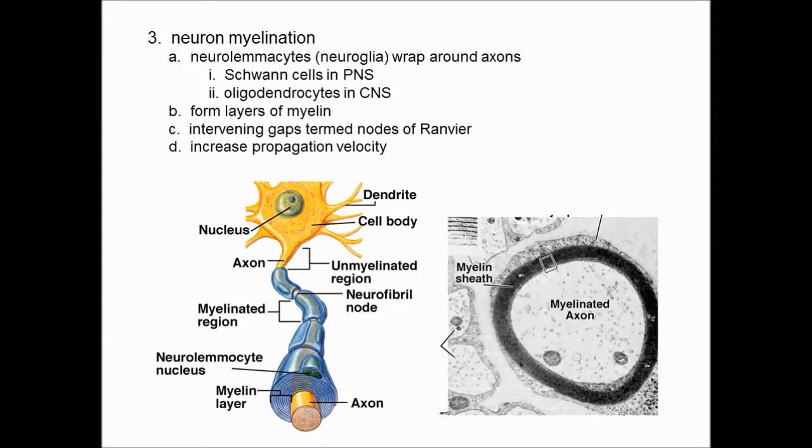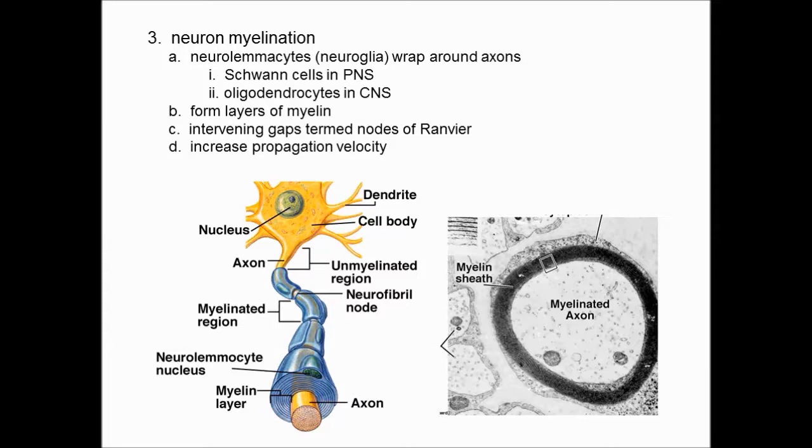We've also talked about myelin sheaths, but I want to extend it a little bit this time. Any cell in the nervous system that produces layers of myelin, we call them neurolemmocytes. And there's two families of them, Schwann cells and oligodendrocytes. Schwann cells are the ones that we've talked about before.